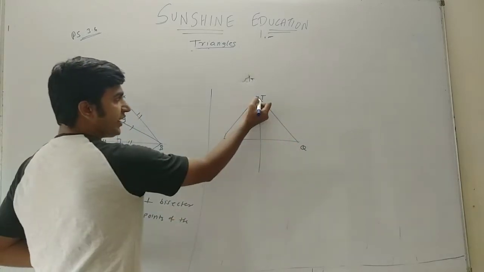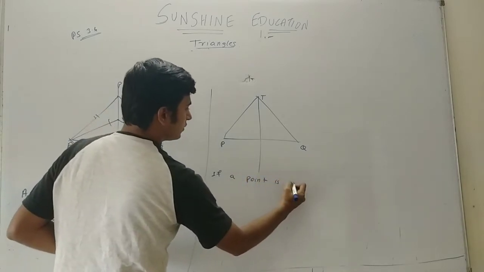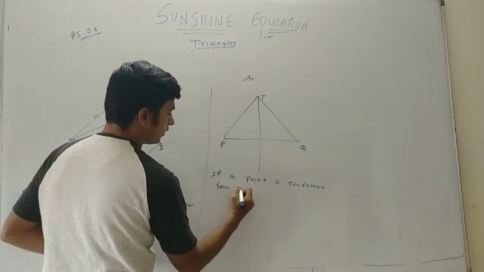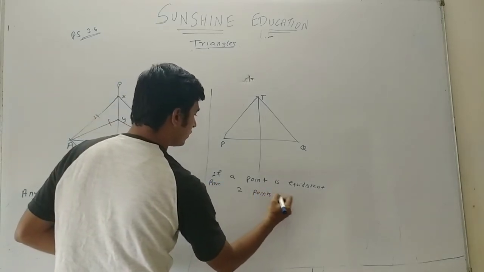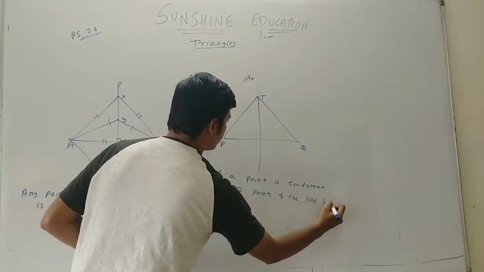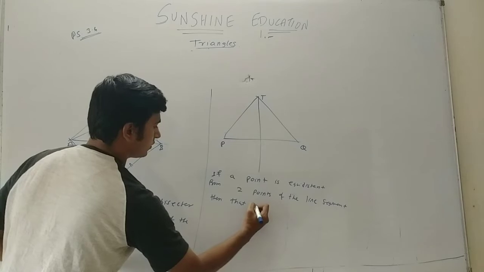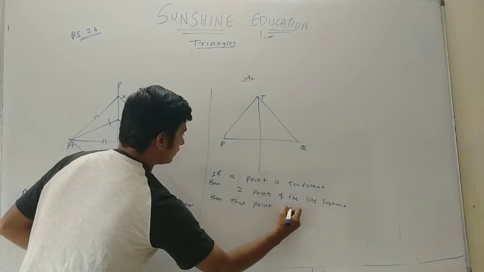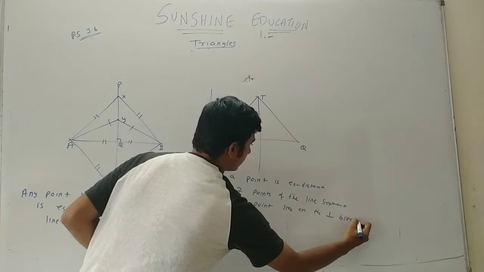So if a point is equidistant from two points of the line segment, then that point lies on the perpendicular bisector.